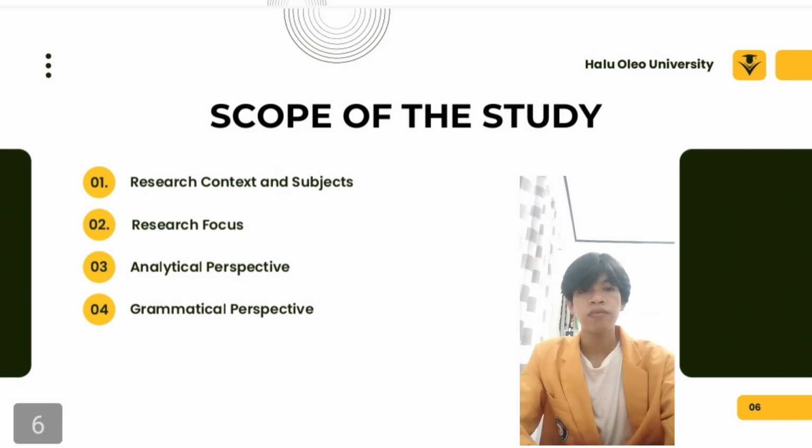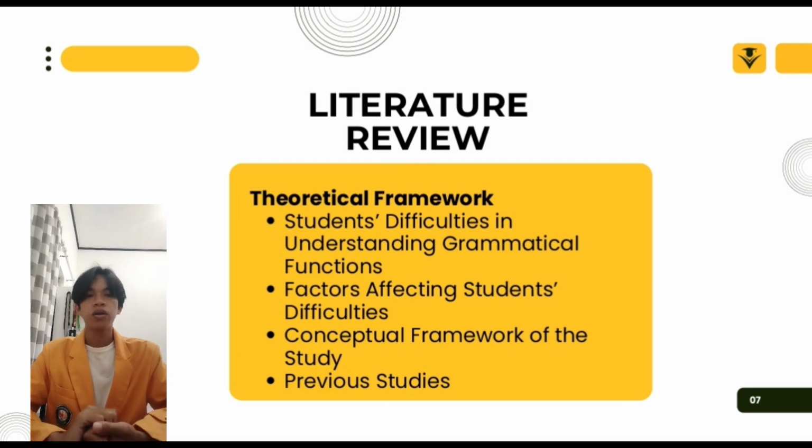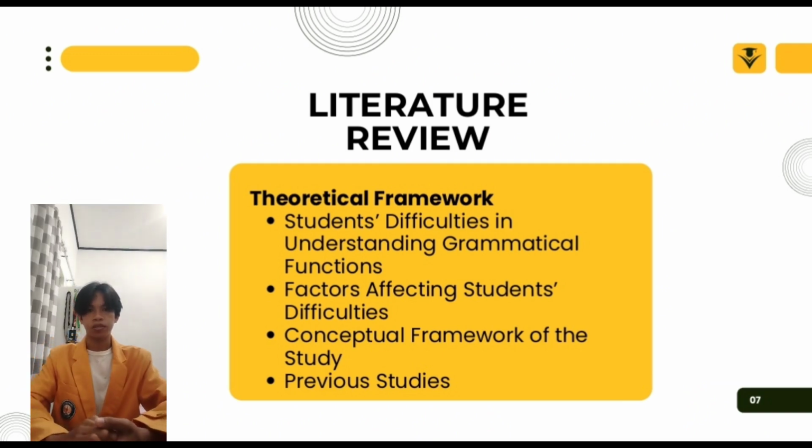The study focuses on only three aspects of grammar: one, subject-verb agreement, two, auxiliary verbs, and three, modal verbs. And this research uses a qualitative approach that emphasizes describing difficulties and their contributing factors. This limit is important to ensure the research remains focused and not overly broad. Okay, we are going to move to the next chapter.